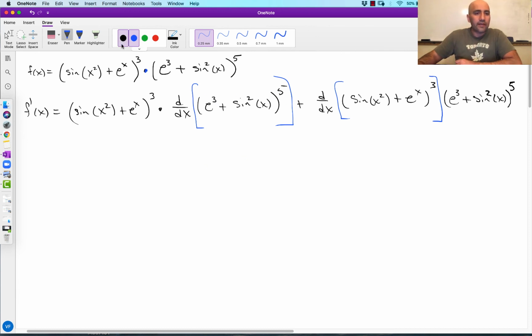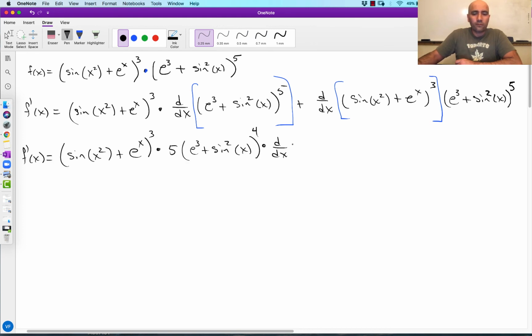Okay, so let me copy that down. Okay, so bring that 5 out in front, and then copy this to the power of 5 minus 1, which gives me that 4, times the derivative of the inside part. And now I've got to do plus this whole thing.